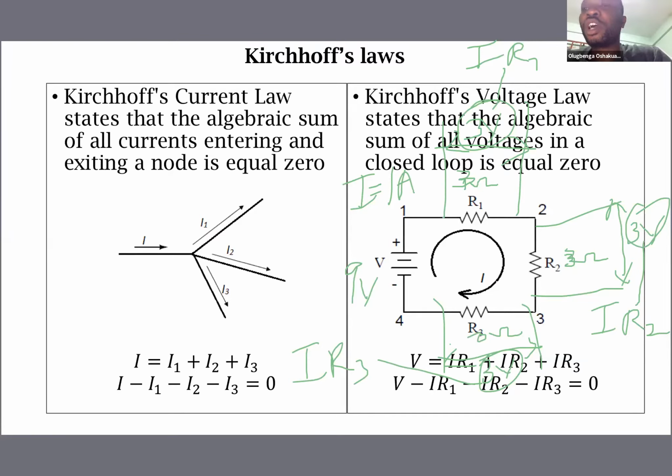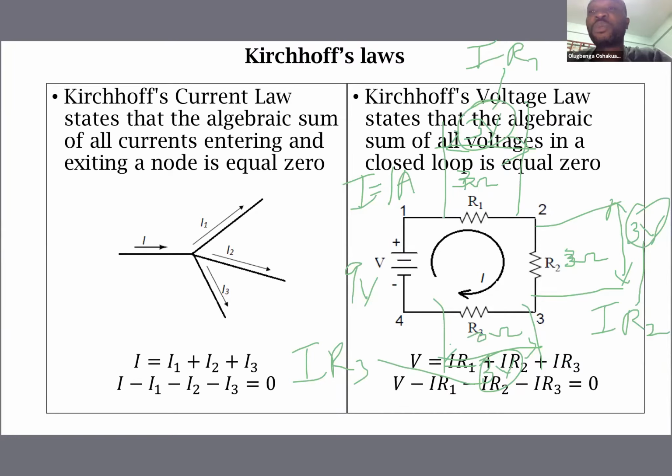So when you add IR1 to IR2 to IR3, you should get V, which is the voltage supplied to that loop. But to think about it in an algebraic manner, we are going to say that the algebraic sum of the voltages in the loop is equal to 0. We will take the supply voltage to be positive, and the voltages across the loads, the voltages across the resistors, we will take them to be negative.